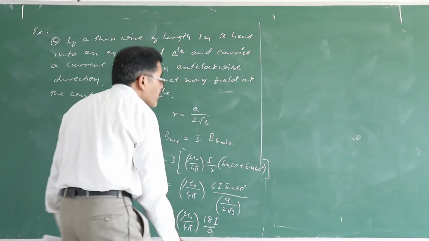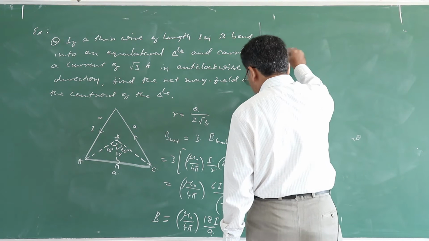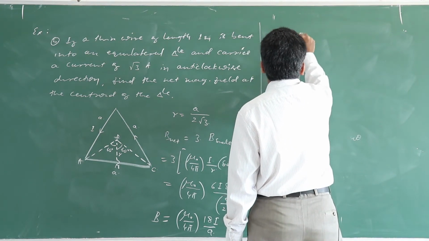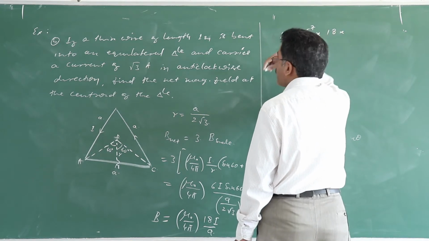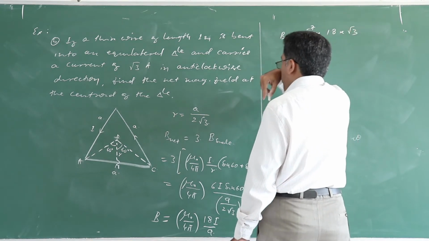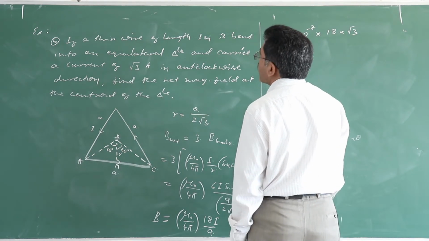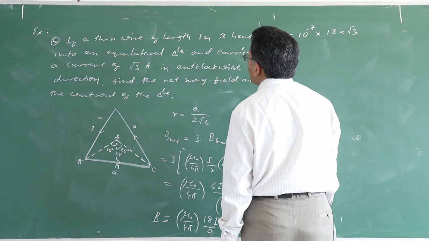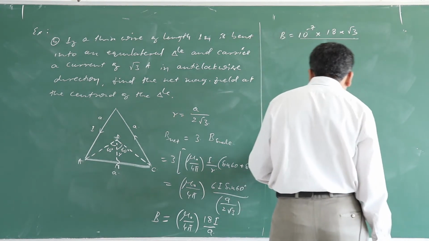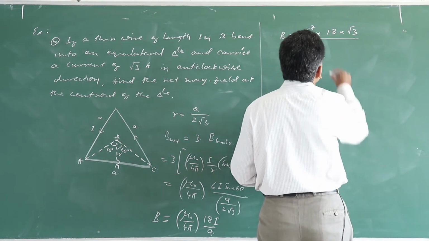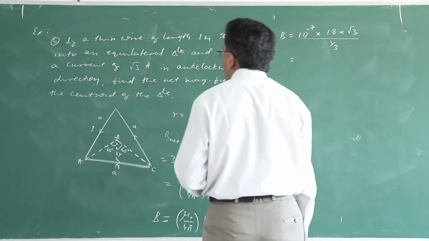This is B. And what is the value of I? I is root 3, mu naught by 4 pi is 10 raised to minus 7, 18 into I value root 3. And the wire of length 1 meter is bent. Therefore a is 1/3 of a meter.